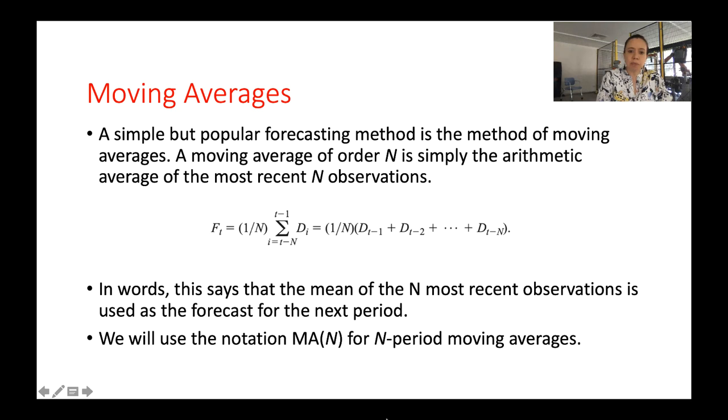Here is the formulation, as you can see. We take the most recent n observations, sum them up and divide by n. We take the average and we obtain the forecast for the next period. Here we will use the notation MA(n) for n period moving averages.